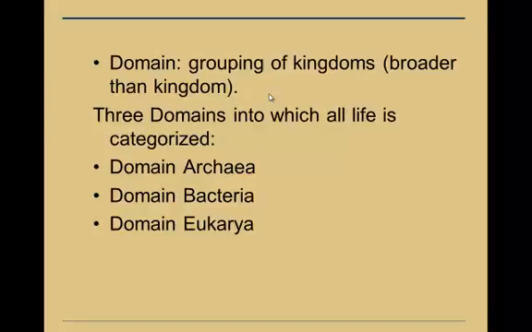There are 3 domains, and all living things fit into this. There's about 1.8 million described species, species that have a scientific name, a written description, and a specimen, what is called a voucher specimen, in a museum somewhere. And so that's what it means when a species has a scientific name.